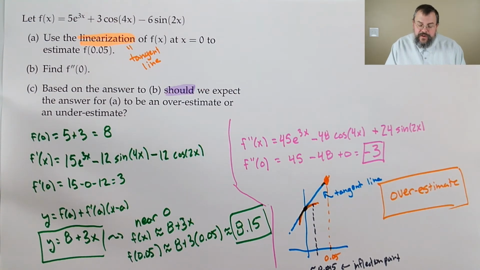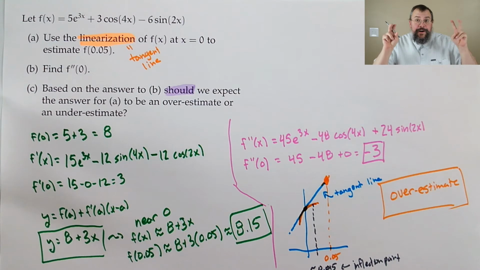Because we're so close to an inflection point, microscopically close, you might not even be able to sense it if you were to plot it, unless you zoomed in quite a bit. Then that's why our error, even though we think it should be an overestimate, turns out that because we are far at 0.05, it, in this case, was wrong.